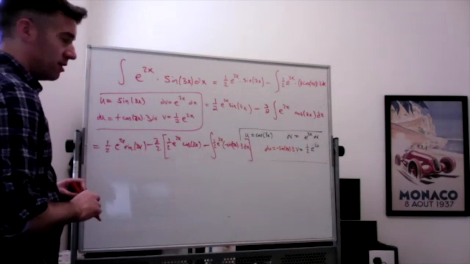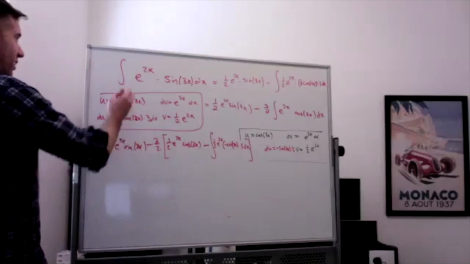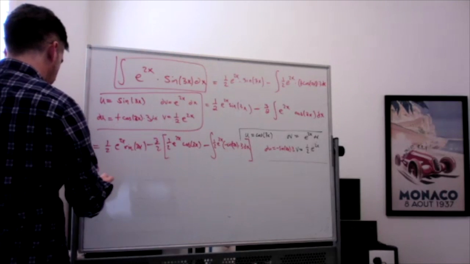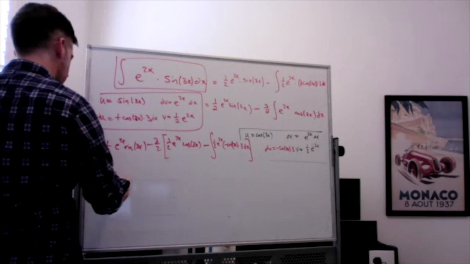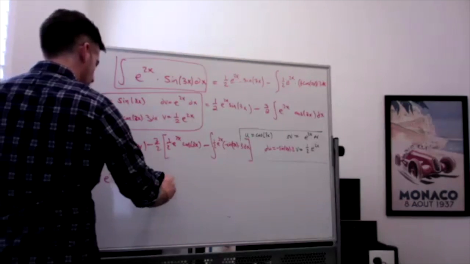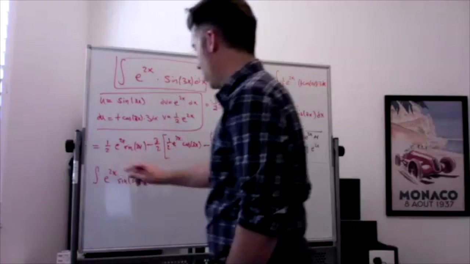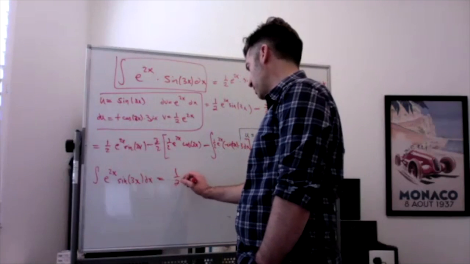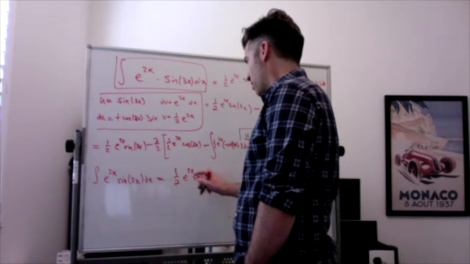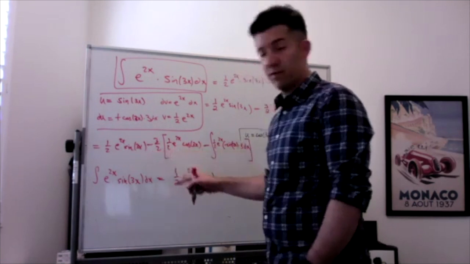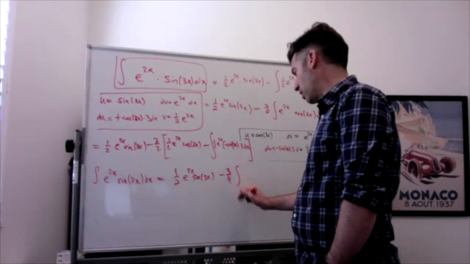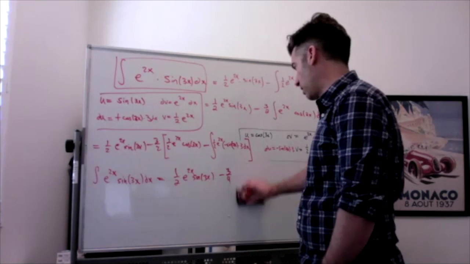All right, so now here's what we've got. We've got our integral, the integral of e to the 2x sine of 3x dx equal to 1/2 e to the 2x times sine of 3x minus 3/2 times 1/2 is minus 3/4 e to the 2x cosine of 3x.